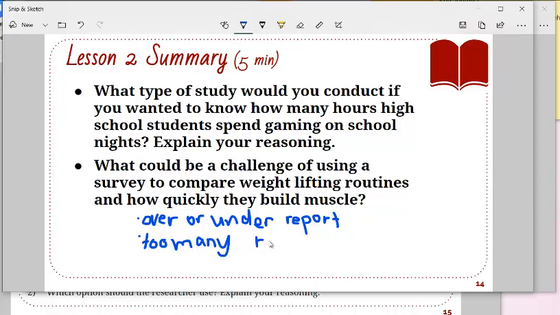But the fact that we have so many different routines out there, it would be really hard to make some comparison to say which one is the best or builds muscle the fastest. Just from doing a survey, I would really have to lock some people into a set routine and somehow measure how much muscle they're building, because it's too many routines for me to just figure that out.